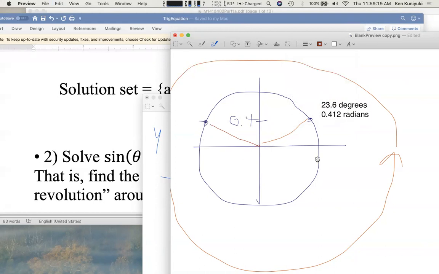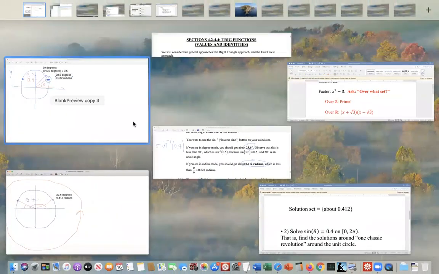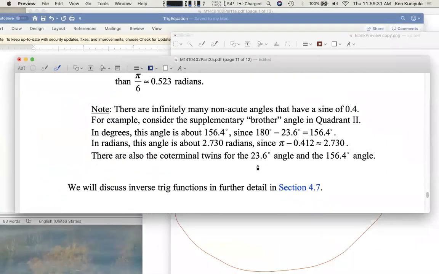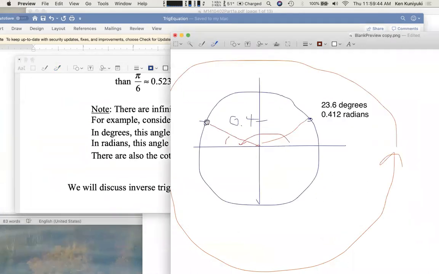Well, in degree mode, you would do half a revolution, 180 degrees, minus the reference angle, which was the 23.6 degrees. So the supplementary brother in quadrant 2 will be about 180 degrees minus 23.6 degrees. That's about 156.4 degrees.